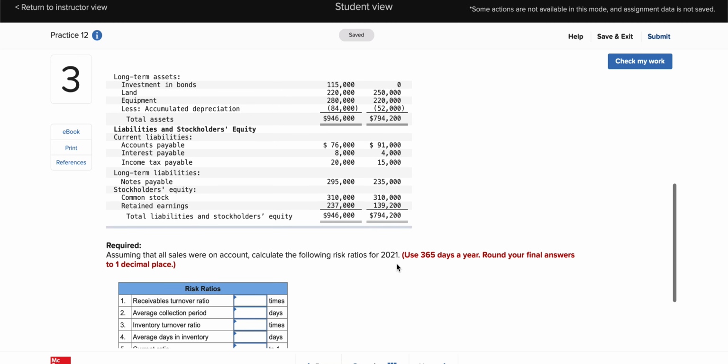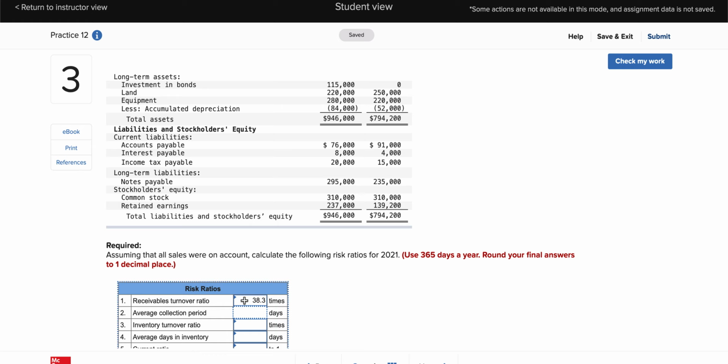So in that case, I should end up with 38.3 times. So 38.3 times a year, I am collecting my receivables. That's almost 1.5 times a month. That's pretty high number there.